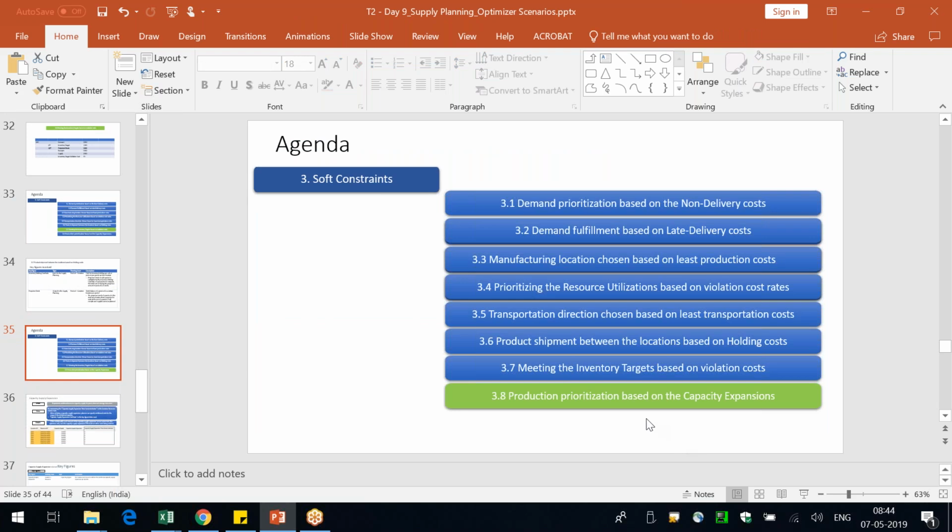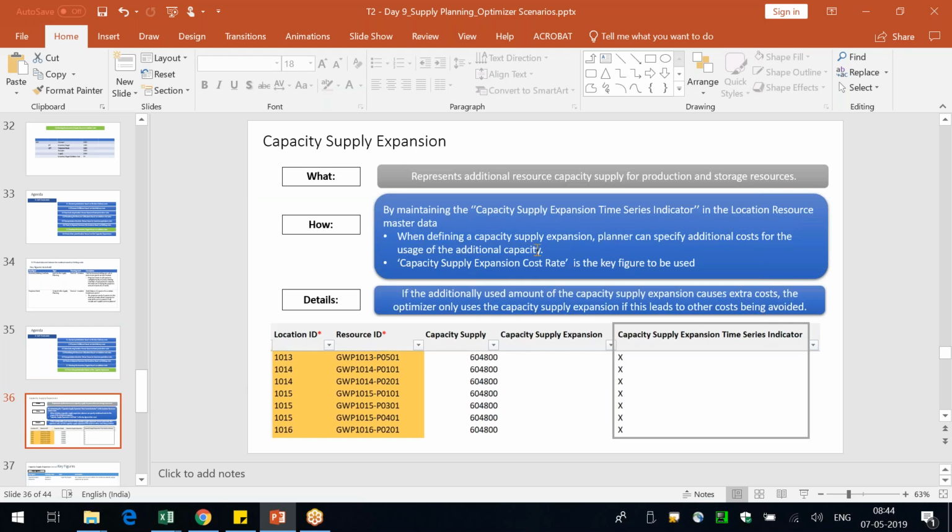Next scenario, production prioritization based on capacity expansions. So we talked about this. Capacity supply is a hard constraint. If it is 168 hours per week, it would be 168 hours, not more than that. But you can say that you have additional capacity supply, and you can specify that.